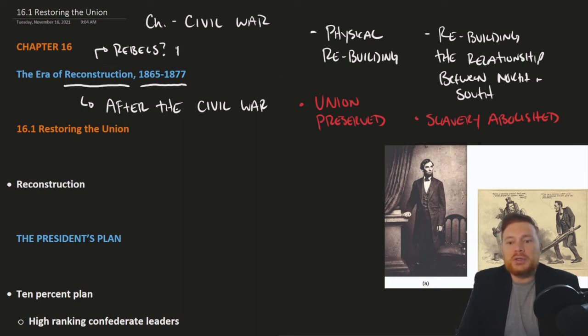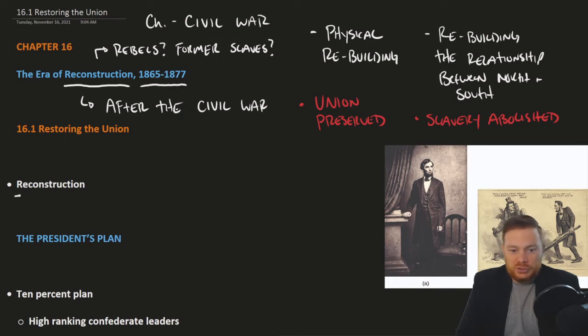What is the status of former slaves? Do they have the same rights as their white counterparts? What sort of role do they play in society economically now that slavery is abolished? All of these questions are answered in this period of Reconstruction. That's why it's very, very consequential.